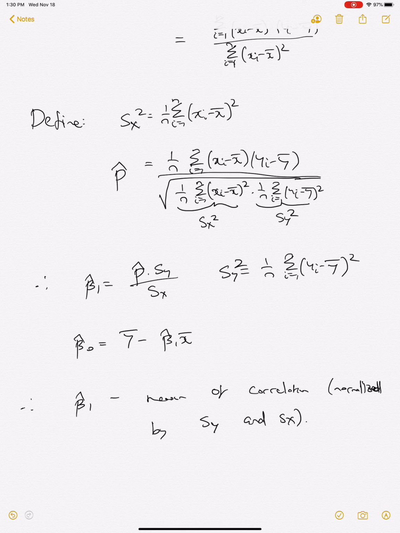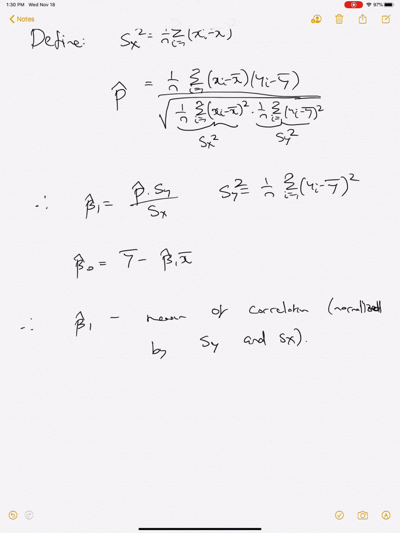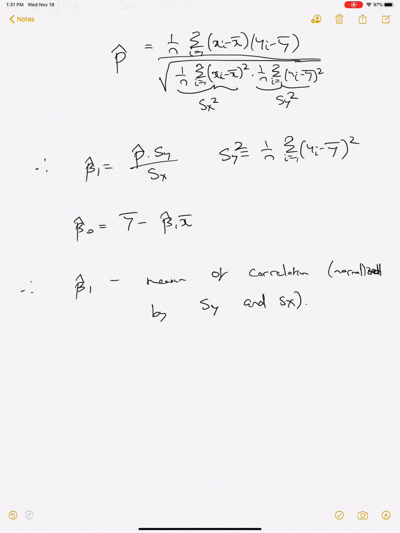And the numerator is like the sample covariance. Okay, sorry about messing that up, but this makes a lot more intuitive sense. So beta hat 1 is rho hat times sy over sx, and beta hat 0 is just y bar minus beta hat 1 x bar. So this gives you a lot more intuition as to what's going on.